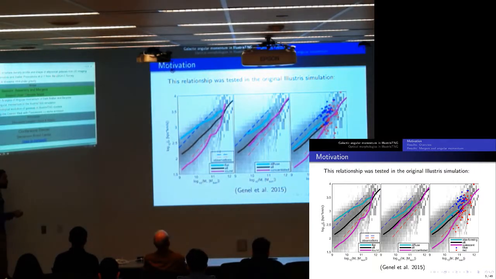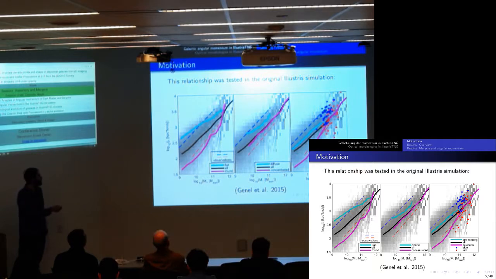This relationship has been explored in a number of simulations. Illustris is one of them. The preliminary work with Illustris showed that we were on the right path to reproducing the correct angular momentum of galaxies.